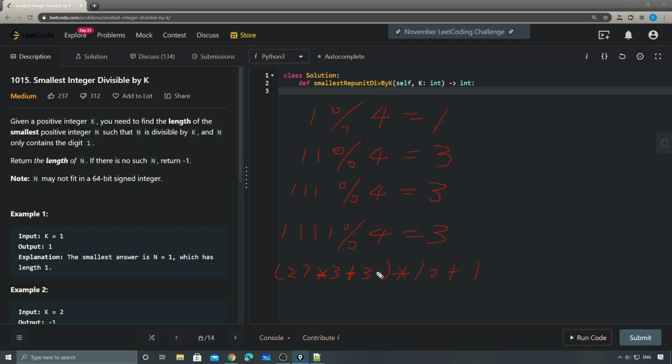Which means that we can ignore this part, and we only consider the remainder part times 10 plus 1. That's why every time, instead of using this big number that keeps increasing, we can always use the remainder to represent the last number.